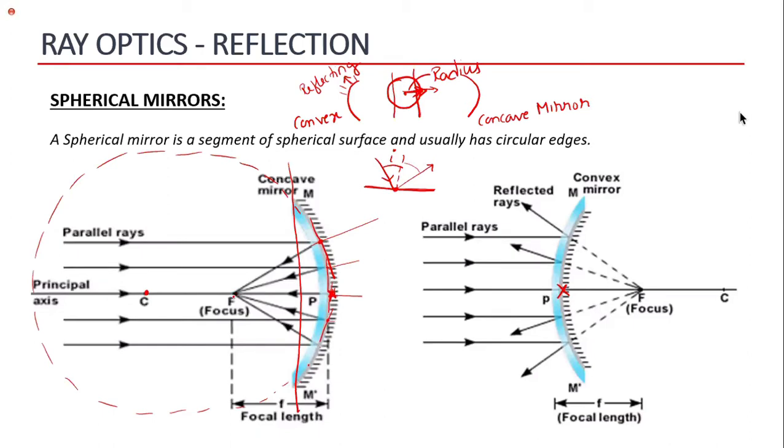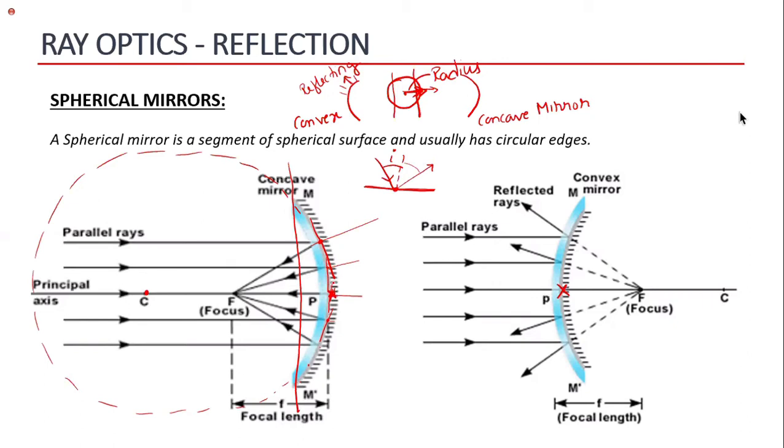So whenever your rays are going parallel to your principal axis, they will always come and meet at one point, the focal point. Clear? This is in case of your concave mirror.